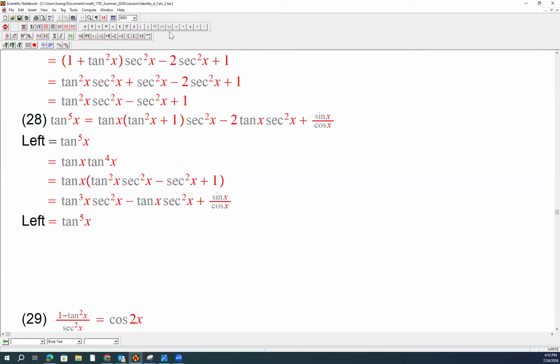So we're going to have tangent x times tangent to the power 4x. And for tangent to the power 4, we're going to write it as tangent squared times tangent squared times tangent squared.